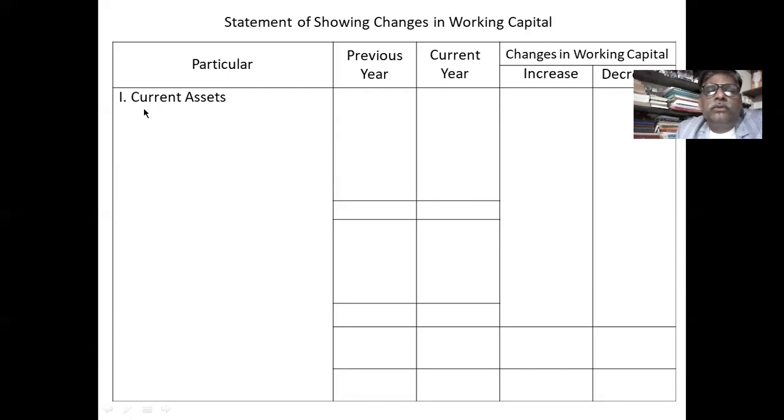First, stock in trade. Previous year amount, current year amount. If there is an increase in the current year, you write the difference in the increase column. You take the difference of previous year and current year.